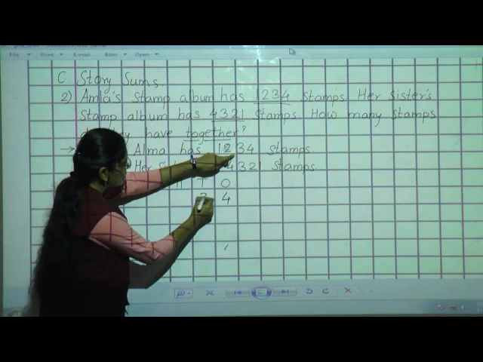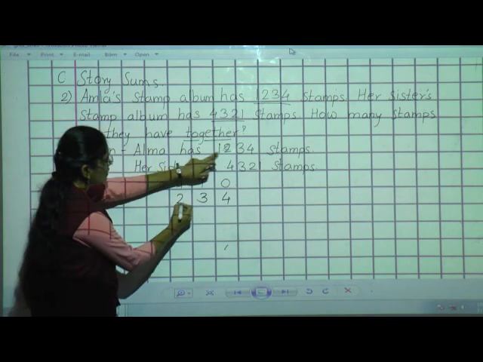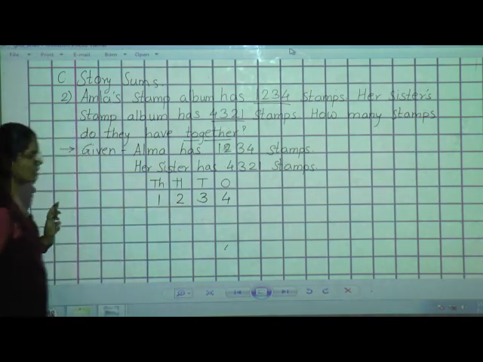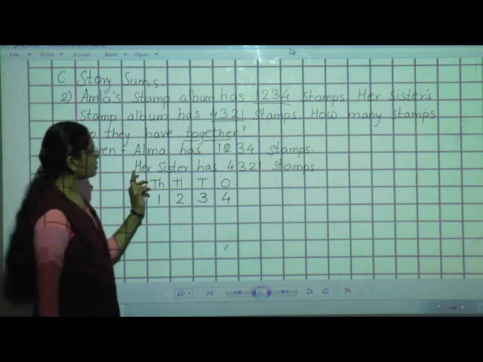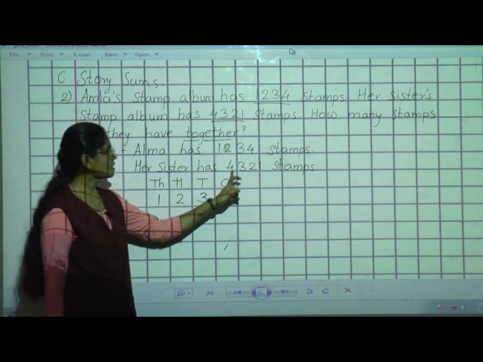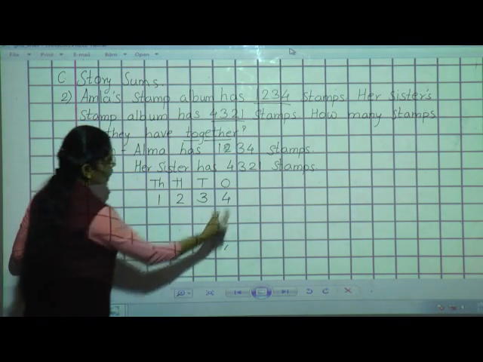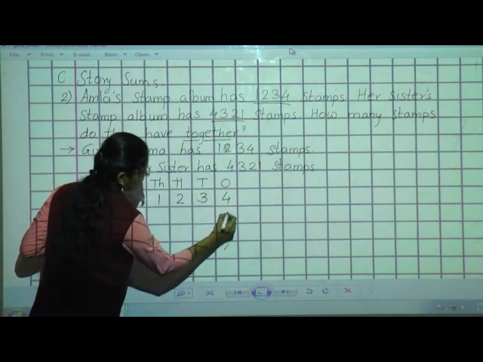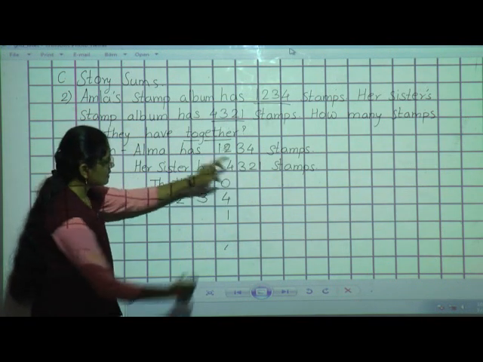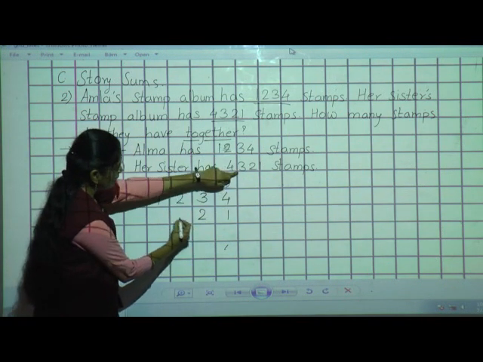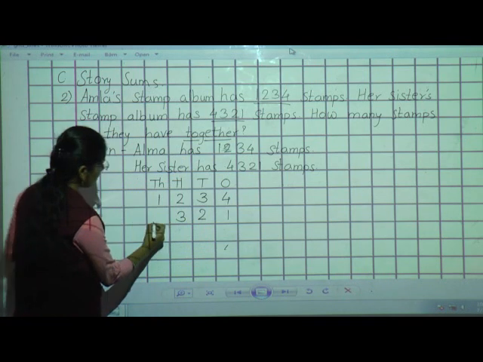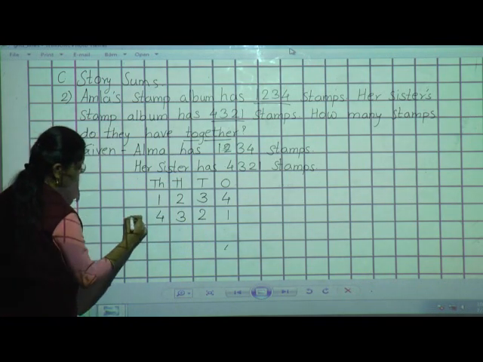Tens place 3 is there, hundreds place 2 is there, and thousands place 1 is there. Then see the second number. Her sister has 4321 stamps. In this number at ones place 1 is there, tens place 2 is there, hundreds place 3 is there, and at thousands place 4 is there.